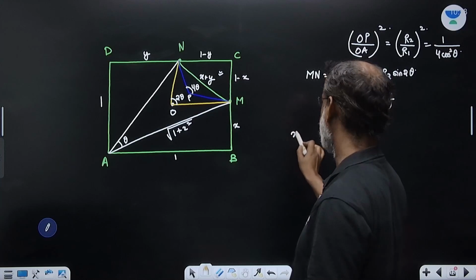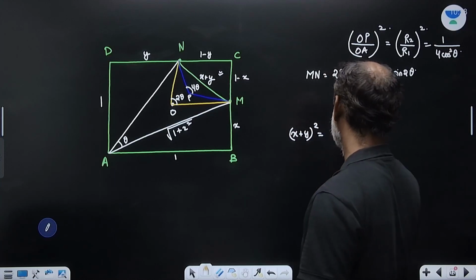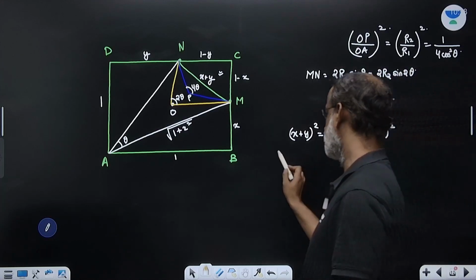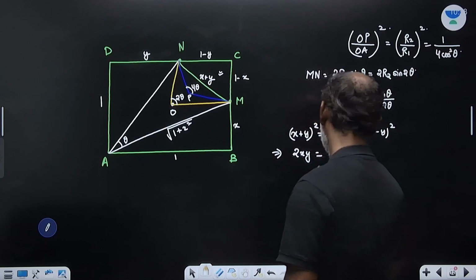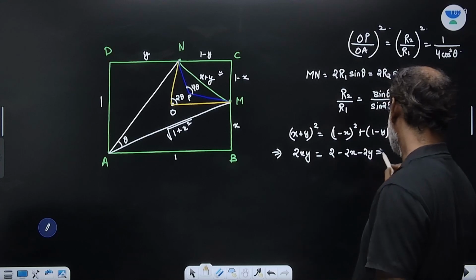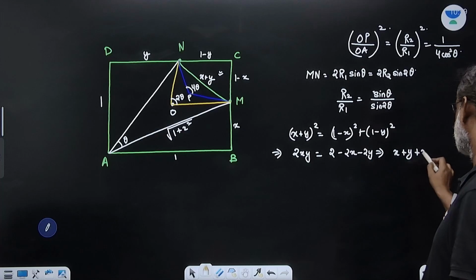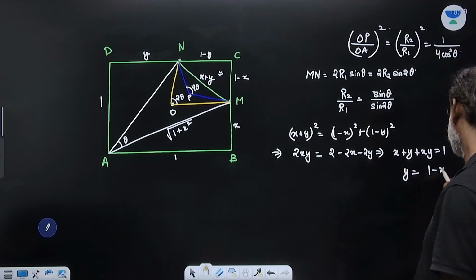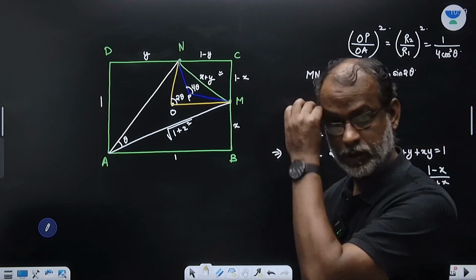So x plus y whole square is 2 xy is 2. So y is 1 minus x by 1 plus x. So this is one relation.